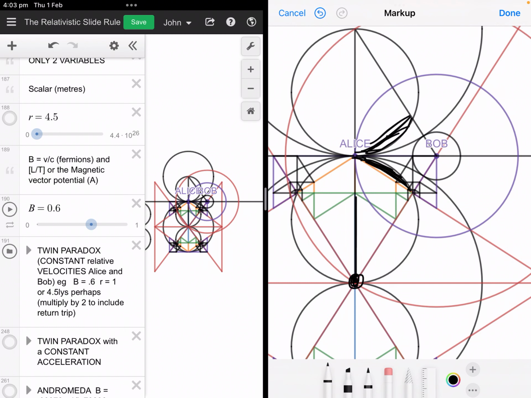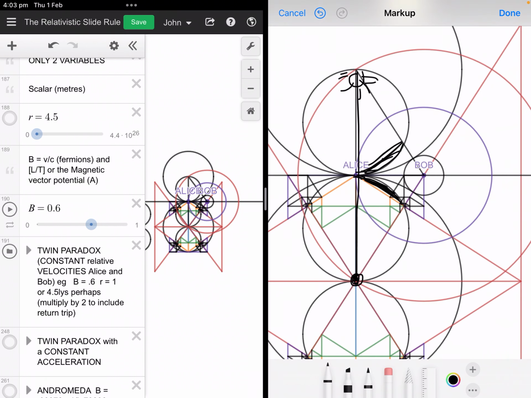So it's as if he went from here all the way to here to Alpha Centauri, because when you calculate the distance, it's actually 2 times this little amount, which is gamma minus 1. So it's that one plus that one, and gamma minus 1 is the factor for relativistic kinetic energy. So you see you've got this circle there and that circle there, and then you've got this little bit here, and that's the distance he's travelled.